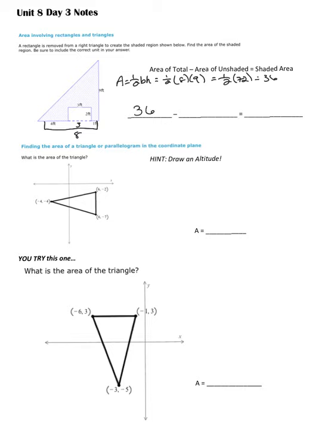And my unshaded area is base times height, 3 times 2 equals 6. So 36 minus 6 equals 30 feet squared.